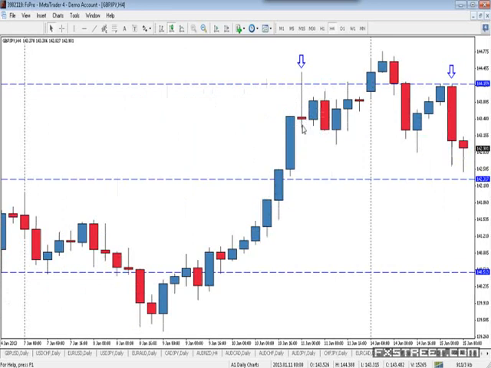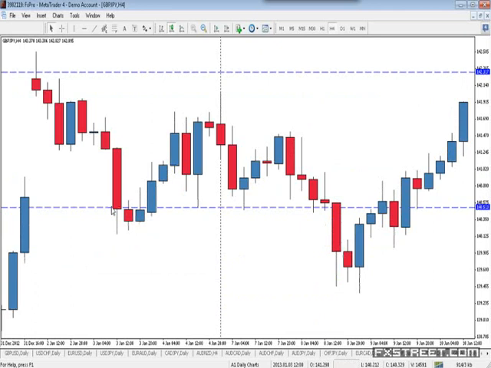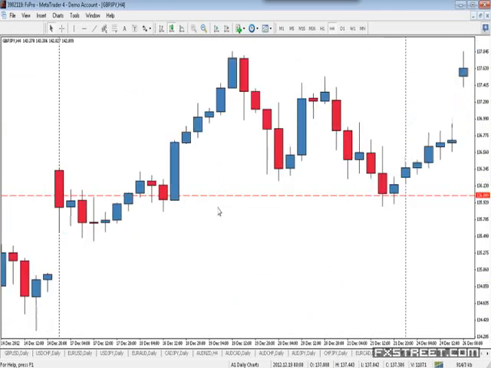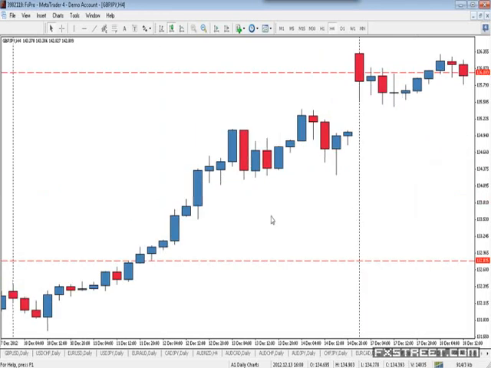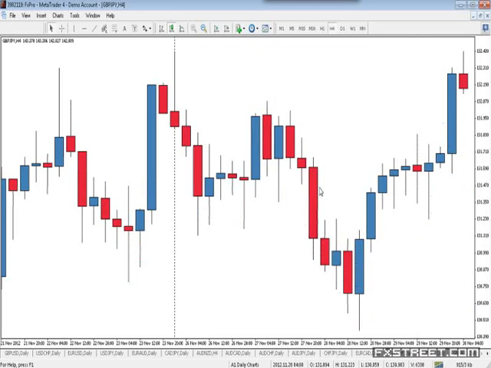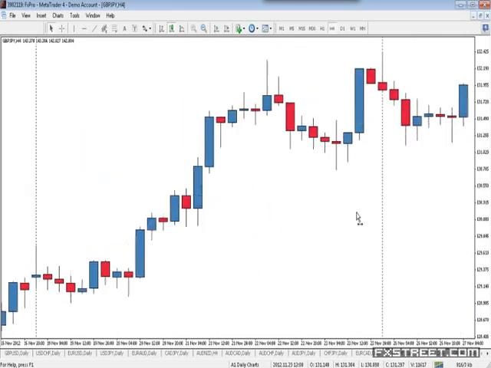This one right here, standard entry would have avoided getting stopped out up here, but the leg entry on this high would have obviously been triggered quite easily. So you can see that over time, if you go back in time and look at these kangaroo tails, you'll see that the legs happen very, very often.